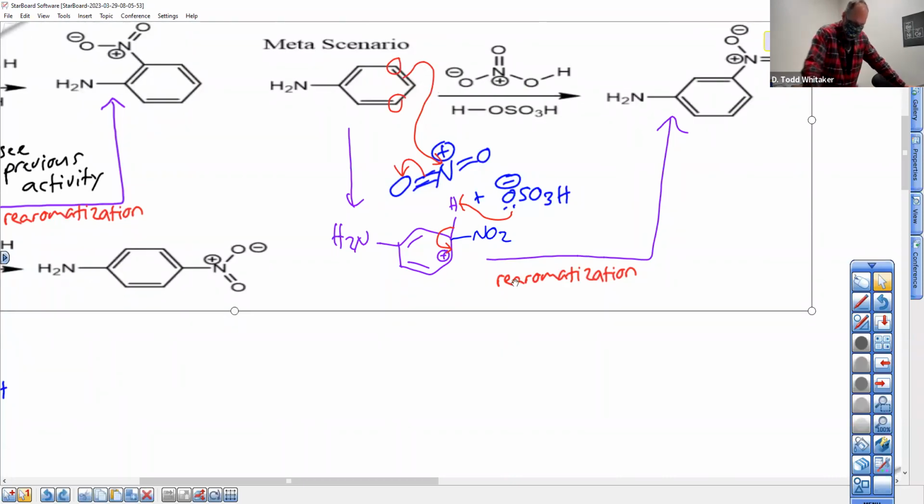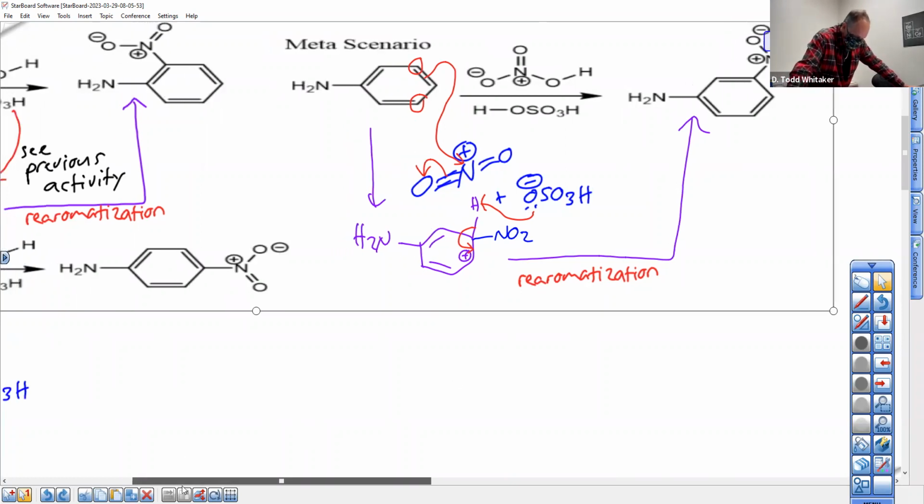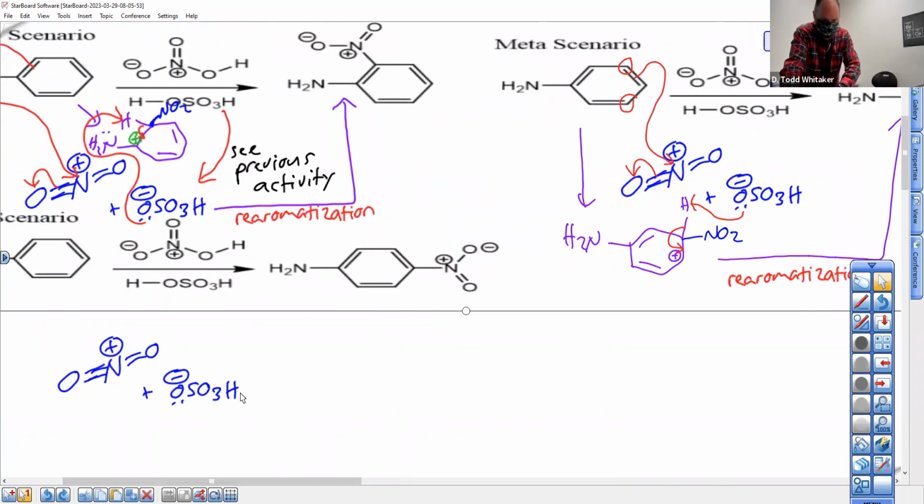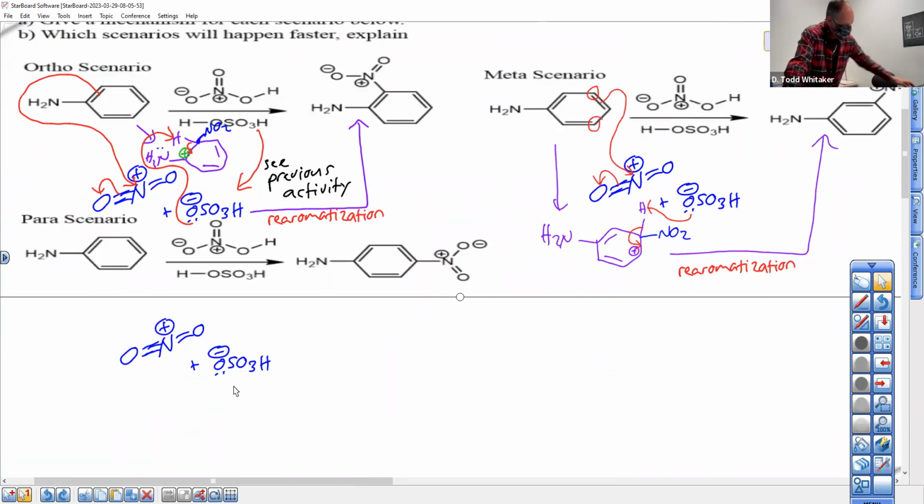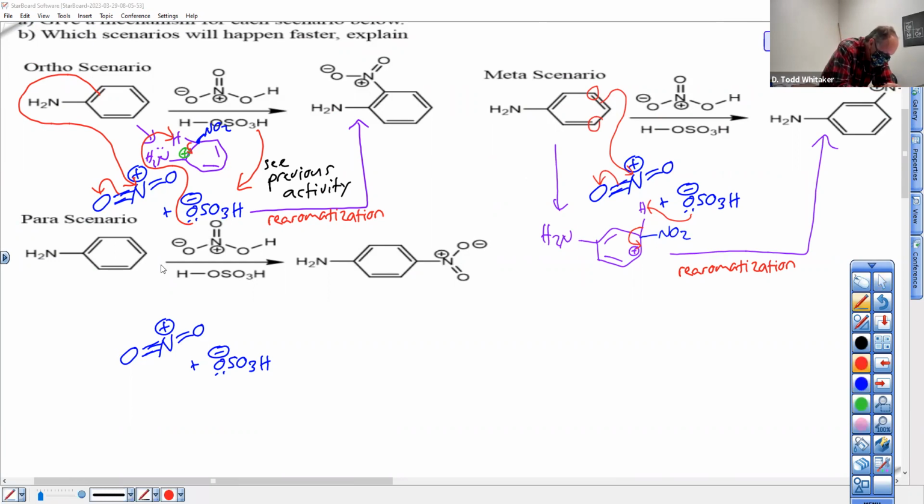Good. And then make it smaller. There's only one pair of electrons that touches the pi. So you're going to start the mechanism, the para positions here, right? Para. Got to use that pair of electrons again, but it's directing the group to the para position. Purple arrow. H2N.